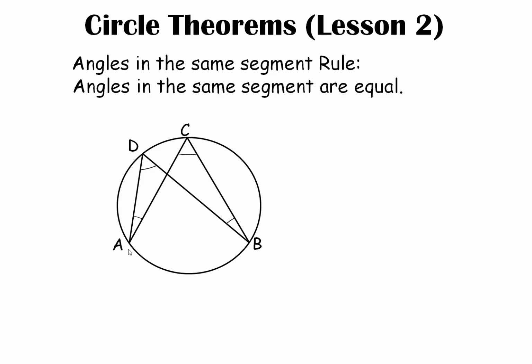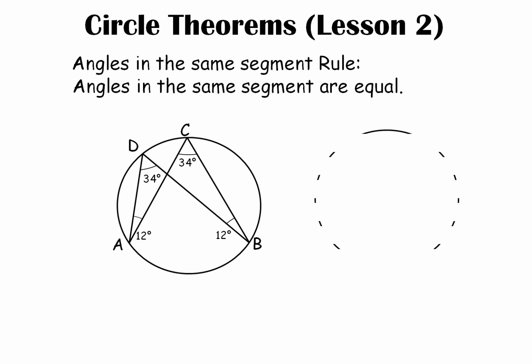So these two angles, whose vertices are at points A and B, will be in the same segment, were we to consider a chord that connects point D to point C. So it means angle A is the same as angle B. If this angle is 34 degrees, this angle formed at point C is also 34 degrees. Likewise, if this angle is 12 degrees, this angle will be 12 degrees.